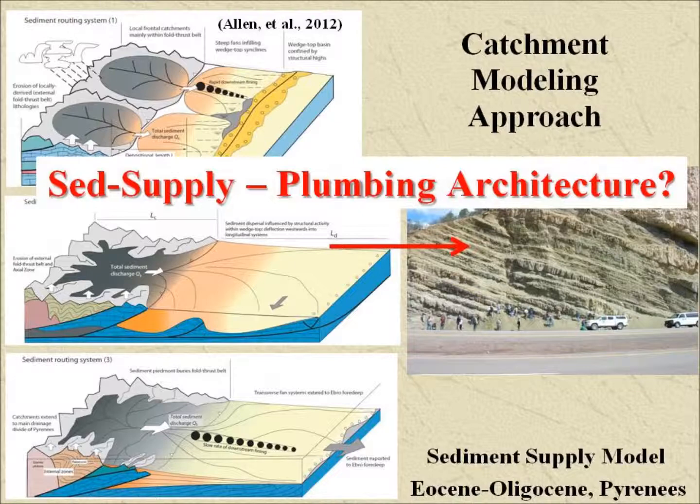So that's one approach. Another approach is to go straight for catchment modeling, reconstruct the catchment area, and start doing models of rainfall and critical bed shear stress and various parameters about a basin that we presently use to try to figure out how much sediment a basin delivers and try to apply it in the ancient.